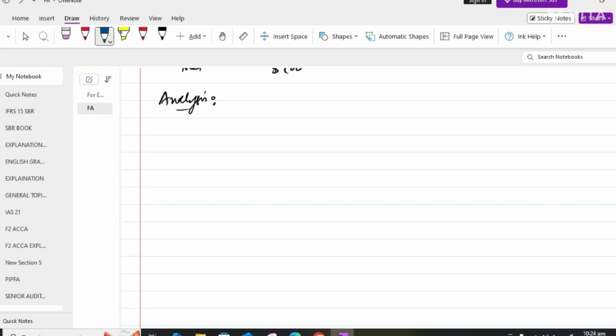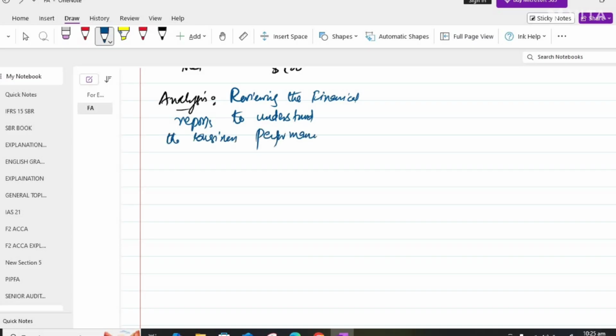Reviewing the financial report. And why are we reviewing? To understand the business performance, and based on that we have to make a decision.